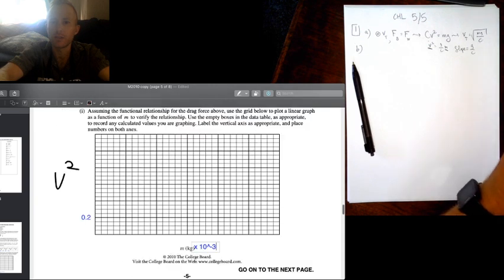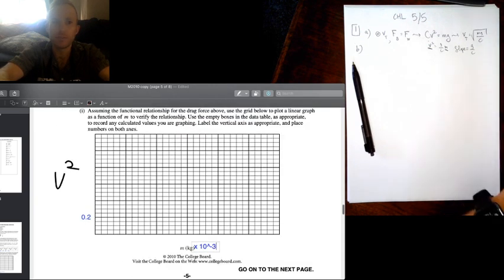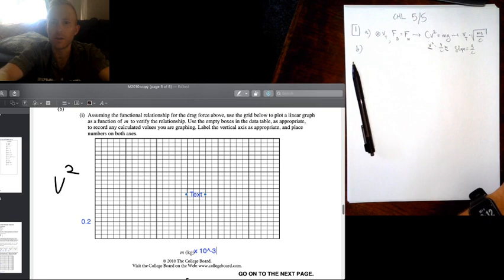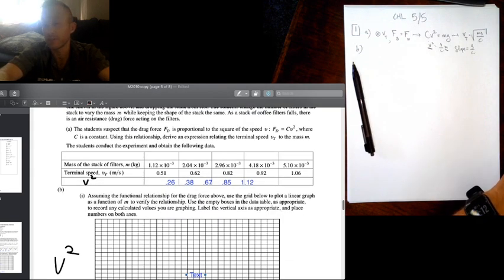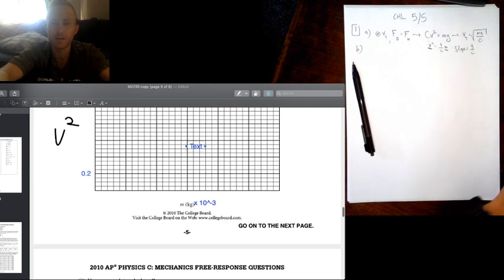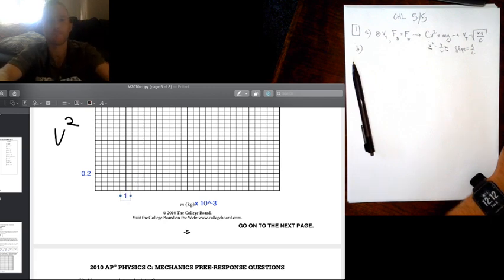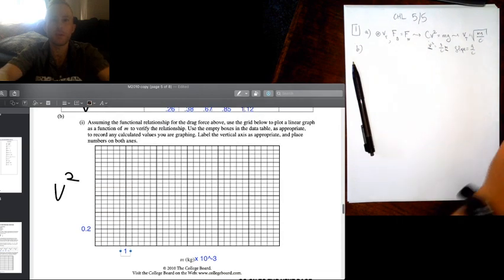And then we can see the largest mass is 5 times 10 to the minus 3, so maybe I move this, that's 1 times 10 to the minus 3 kilograms. Okay, so now I can plot my points.